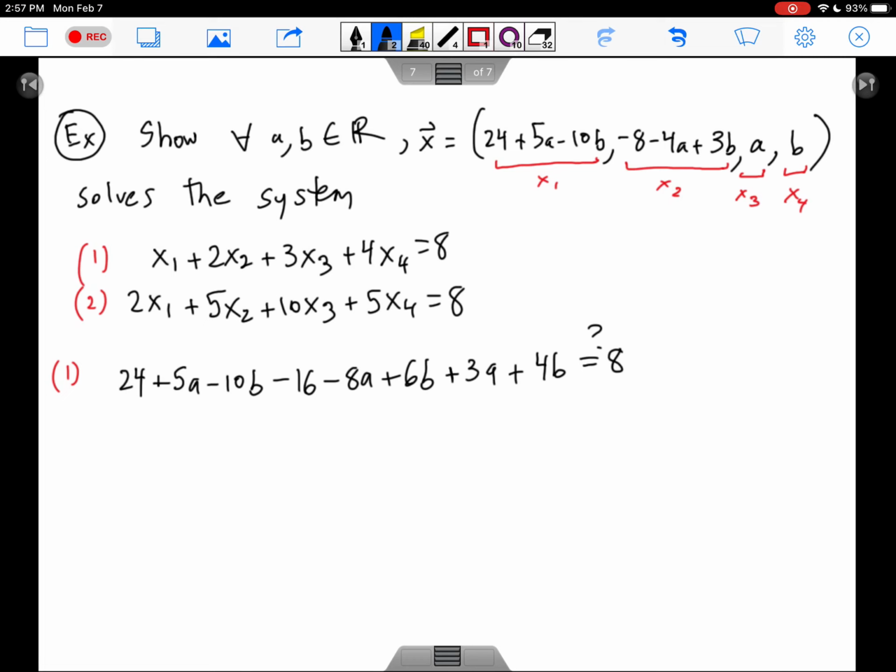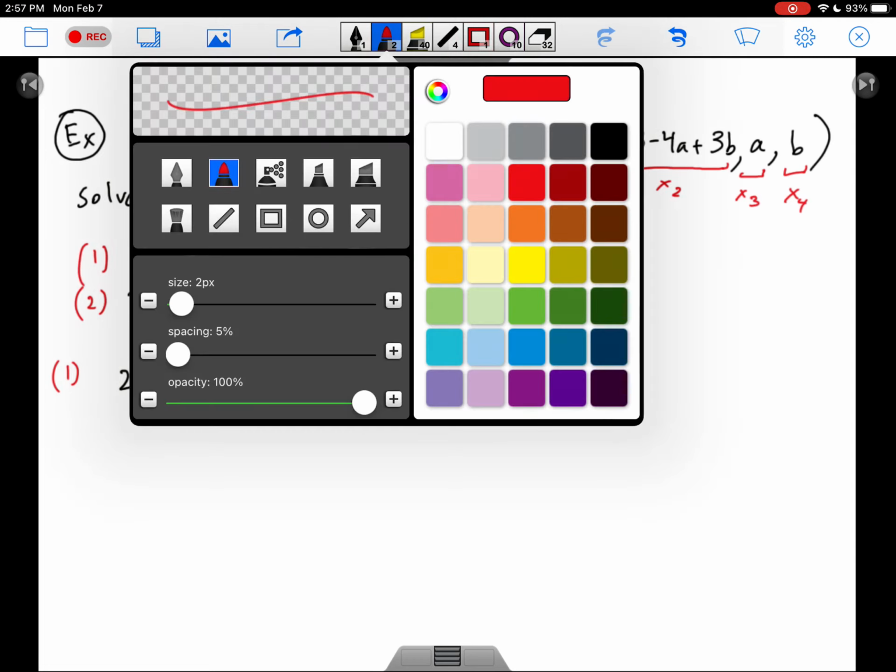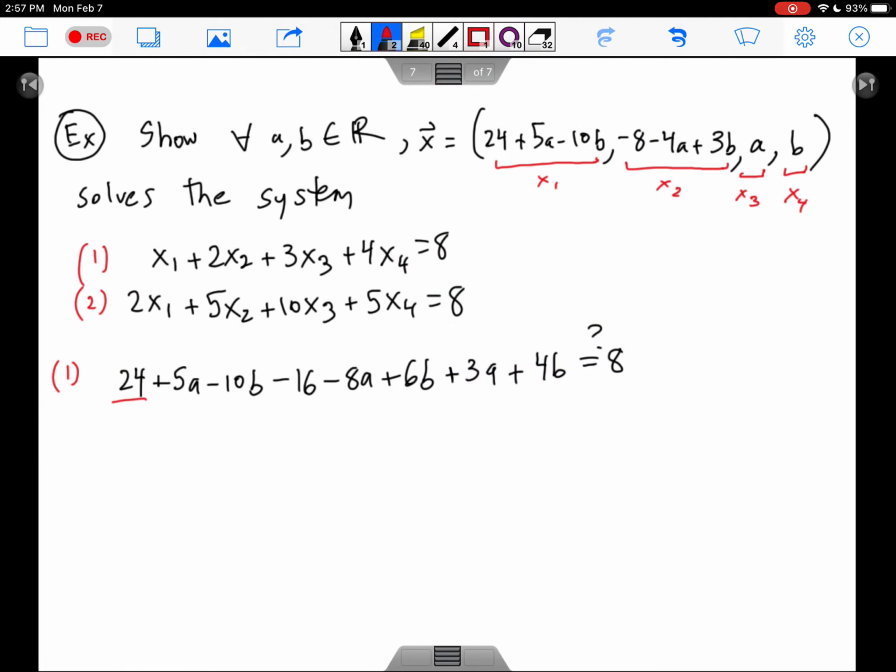So let's combine all the like terms on the left and see what we get. We've got a 24 and a minus 16. That gives us 8. Now let's look at the a terms. We've got 5a, we've got negative 8a, that's negative 3a, plus 3a gives you 0, right?